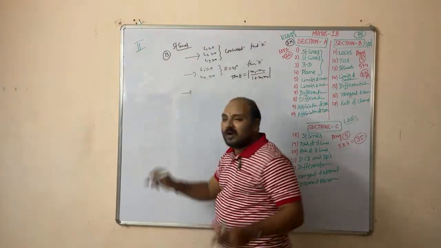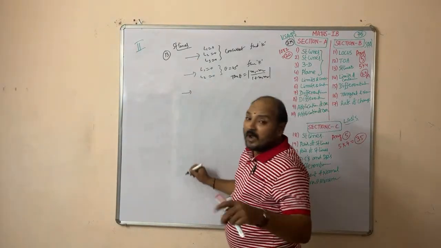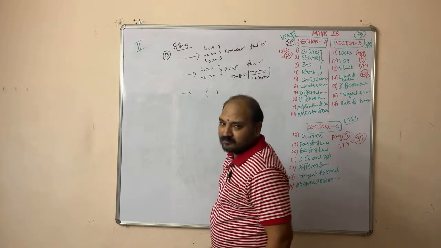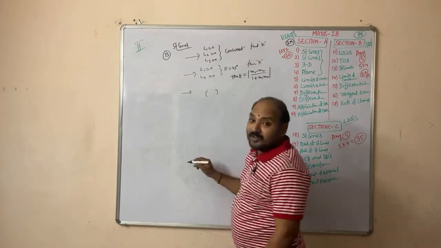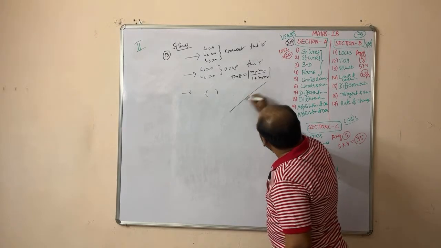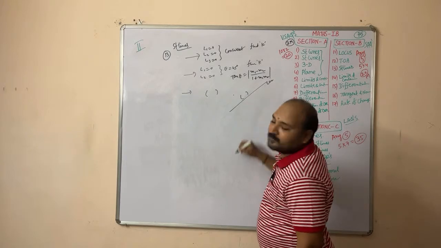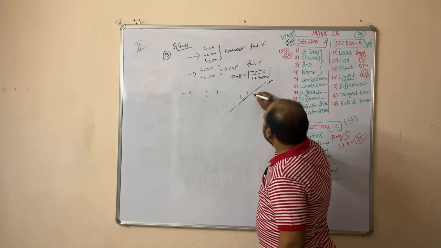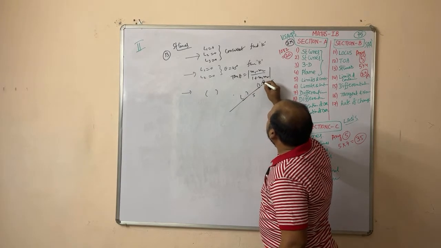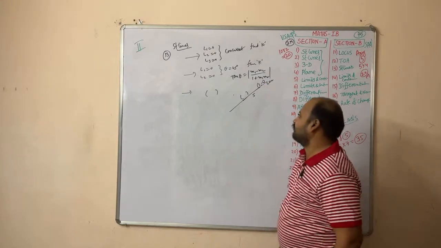This is the second possibility. The third one is: find the points on the line. They will give one line, L is equal to 0. Find the point on the line which is at a distance of 5 units from the given point, say (3, minus 2), just an example.